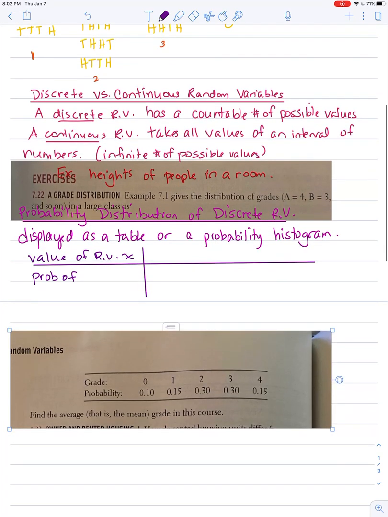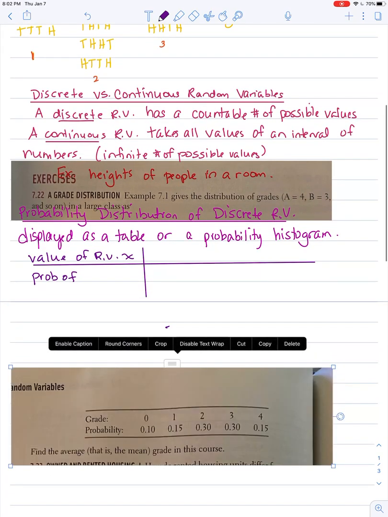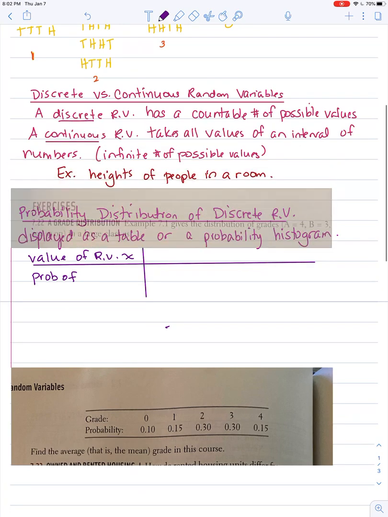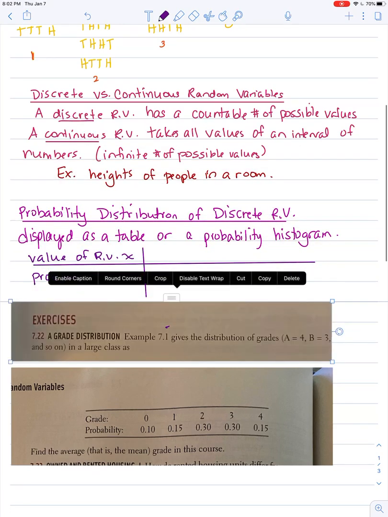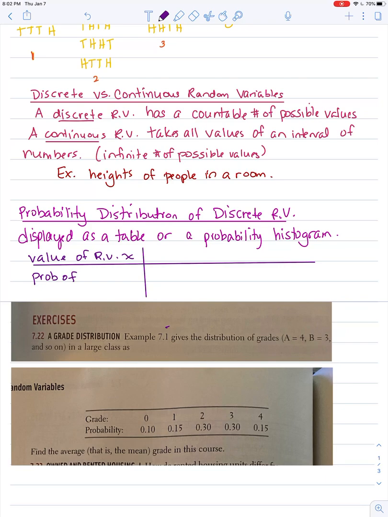This is an example we're going to do in a minute. So whatever these values are, x1, x2, x3, x4, and they keep going, whatever they go to.